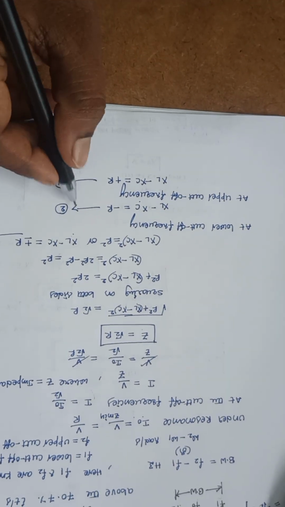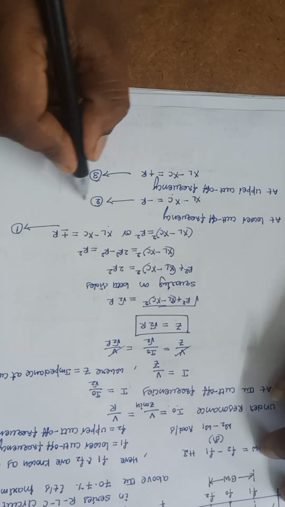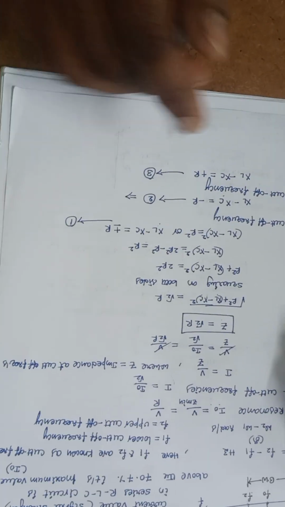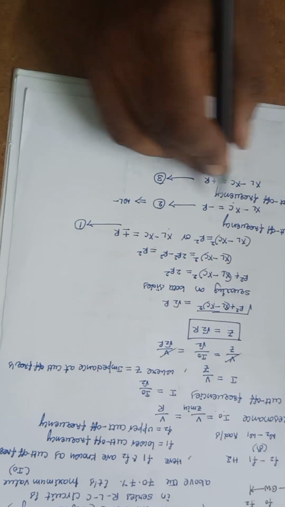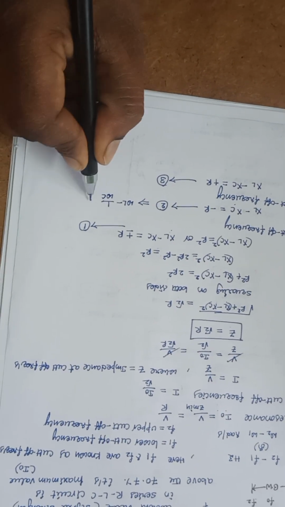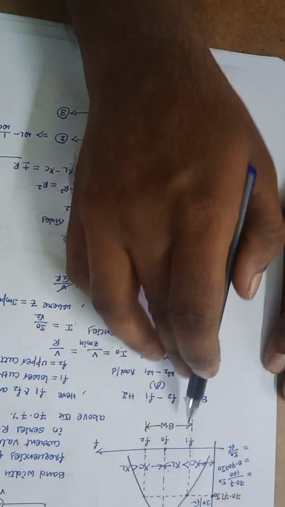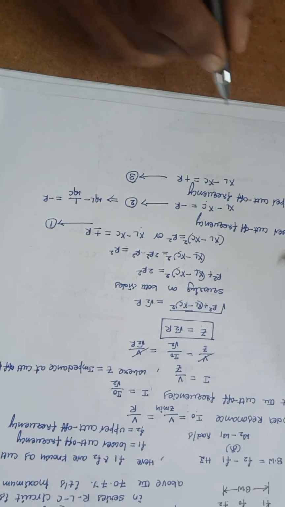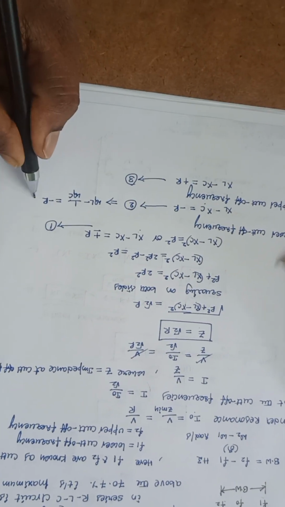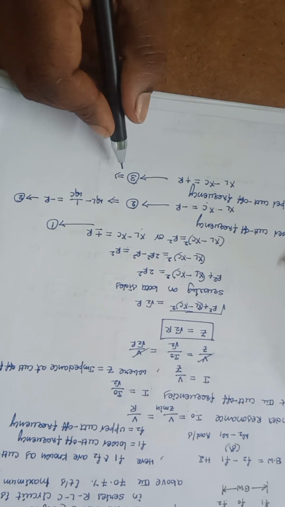So after framing these two equations, let me rewrite equation 2 here. XL is nothing but omega L, XC is nothing but 1 by omega C, that is equal to minus R. Since it was defined at lower cutoff frequency, it is omega 1 L minus 1 by omega 1 C. So it is equation number 2, same equation, I am just rewriting this.